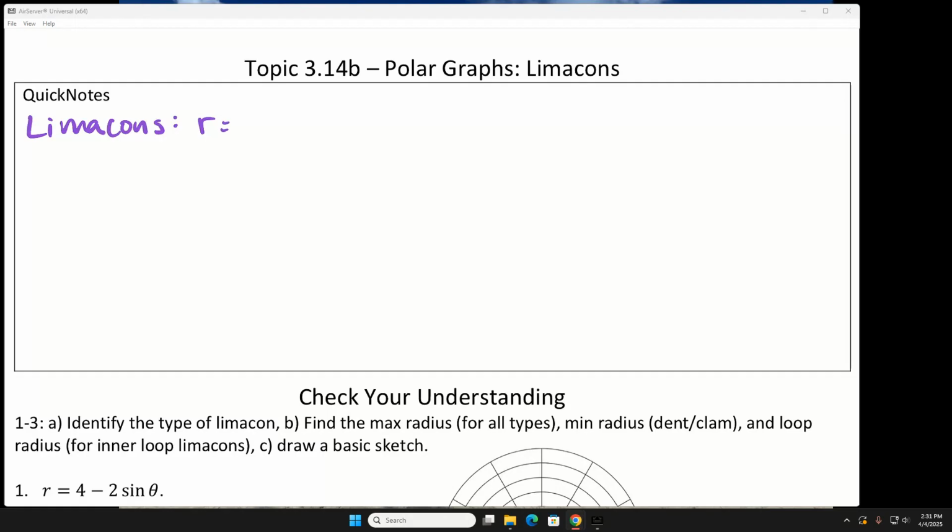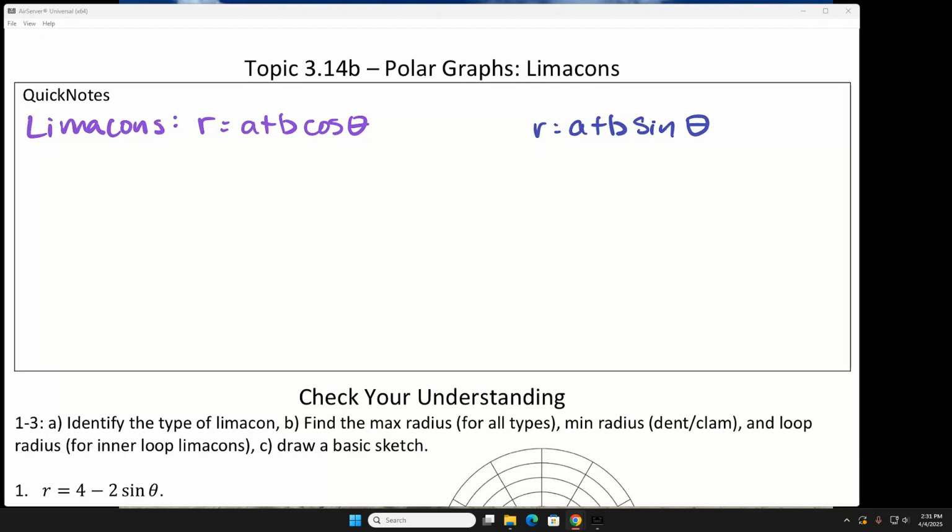Either r equals a plus b cosine of theta, or r equals a plus b sine of theta. And then depending on if it's sine or cosine is going to depend on which direction the Limacon is pointing, similar to the circles and the roses that we talked about in the previous lesson.